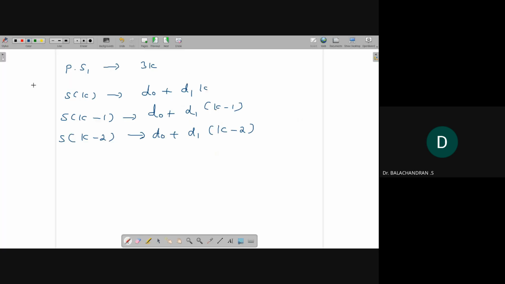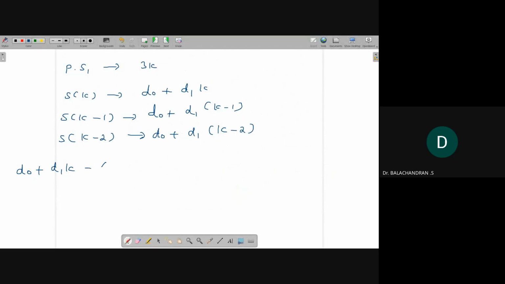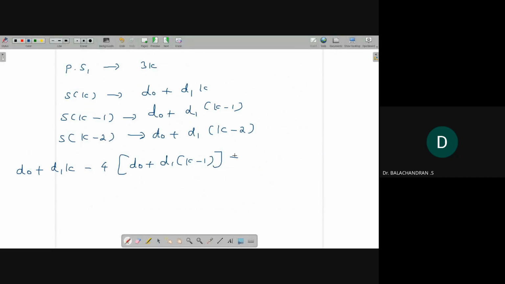S of k means d0 plus d1k, and then minus 4 times S of k minus 1, minus 4 times d0 plus d1 into k minus 1, close the bracket, and then plus 4 times s of k minus 2, it is d naught plus d1 into k minus 2, which is equal to PS1 only, 3k.